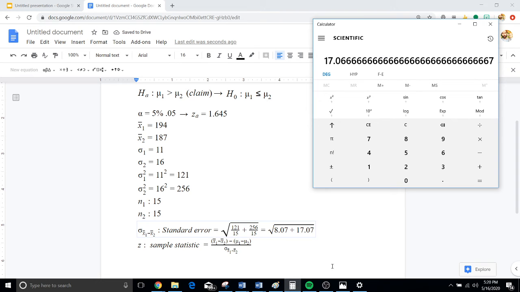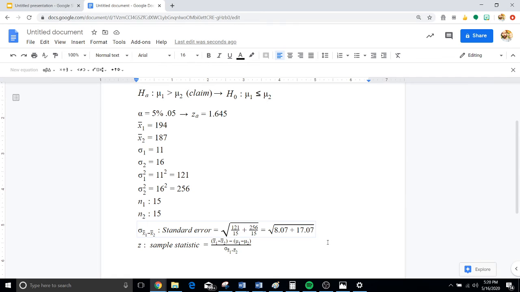So we're going to add 8.07 to 17.07. We're going to get approximately 25.14. Let's go ahead and square root that, and we should get about 5.01. This is going to equal 5.01, and that's our standard error.